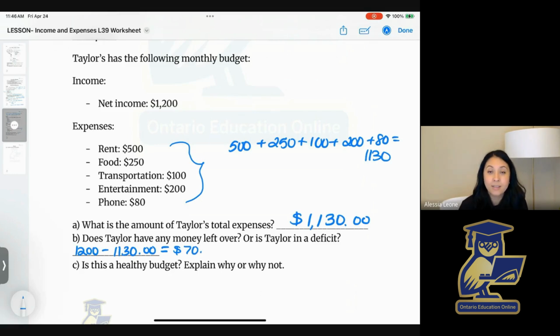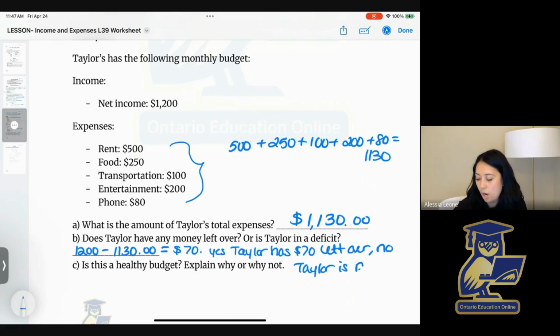So yes. Taylor has $70 left over. No, Taylor is not in a deficit.